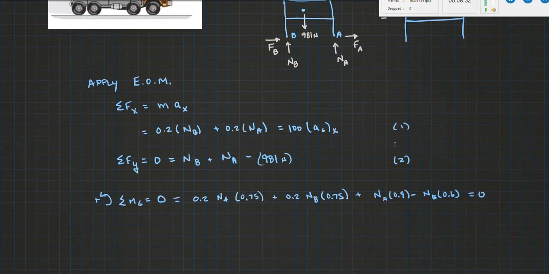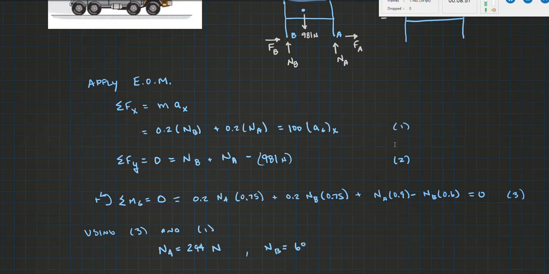Well, okay, we have 2 unknowns in this equation, and so we can use 3 and 1, solve them simultaneously, and we'll end up with the normal of A equals 294 newtons, and the normal of B equals 687 newtons.